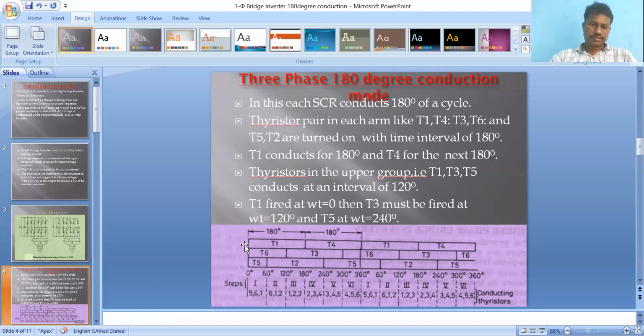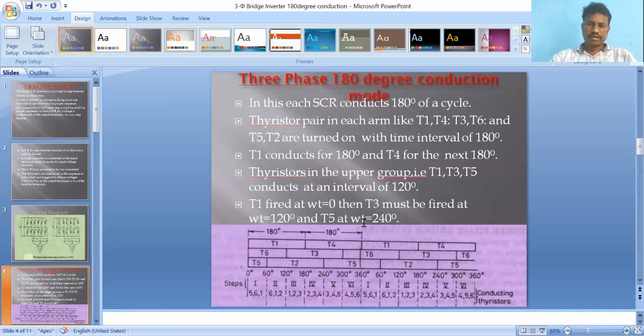I am taking the phases as A, B, C, or 1, 2, 3. Let us take it like this. I separate the intervals 0 to 60, 60 to 120, 120 to 180, 180 to 240, 240 to 300, 300 to 360. I am taking this as one cycle.